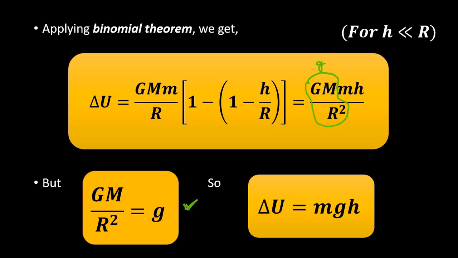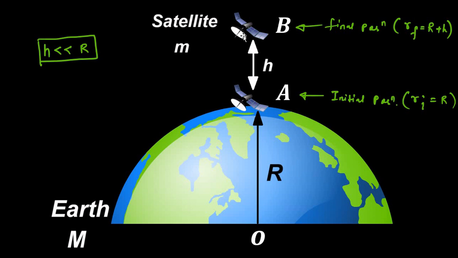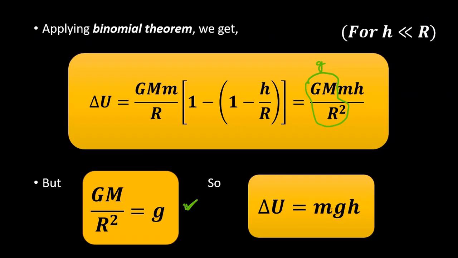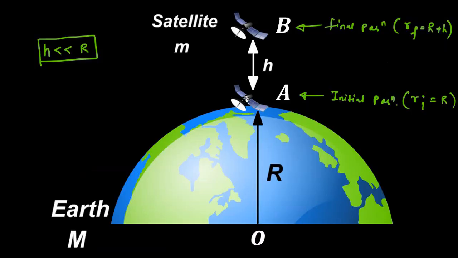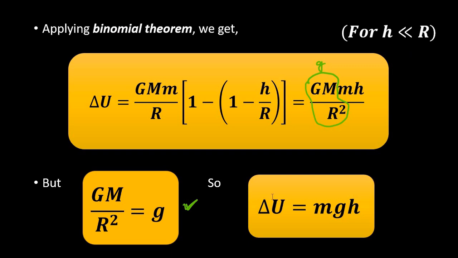where small m is the mass of the object within the gravitational field of Earth, in this case the satellite. Small g is the acceleration due to gravity. Small h is the height above the surface of the Earth, which is much lesser as compared to the radius of the Earth, capital R. So the change in potential energy is small m, small g, small h.